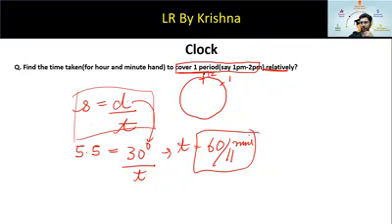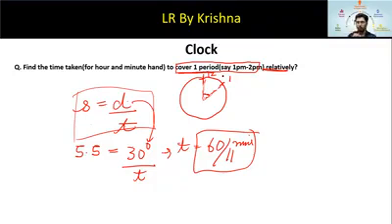One period means 30 degrees, because what is the degree between 12 and 1, Sima? 30 degrees, right? 360 divided by 12. Forget about hands as of now. What is the angle between 12 and 1? 30 degrees, right?